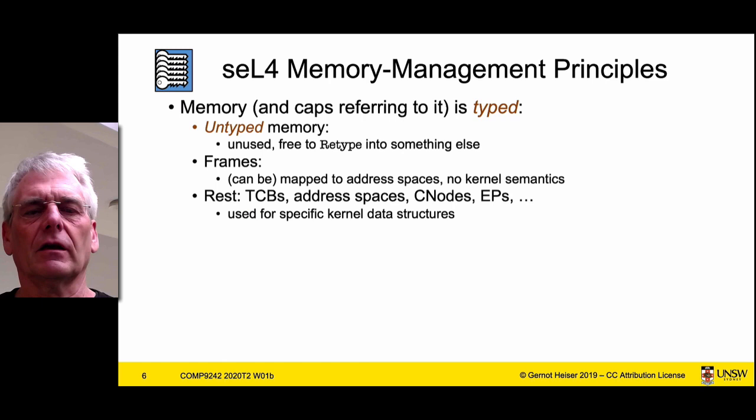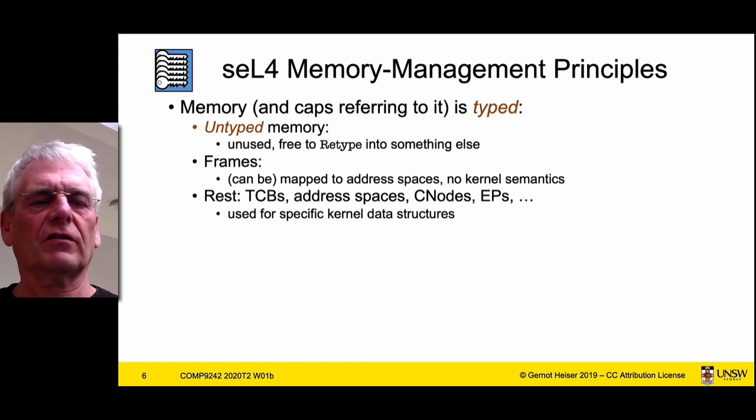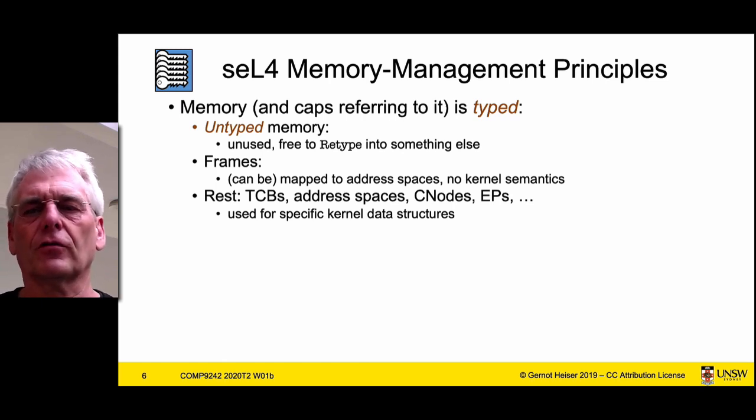Everything else is kernel objects, which correspond to kernel metadata, and they exist to be able to give the memory to the kernel so it can store its metadata for the operations.